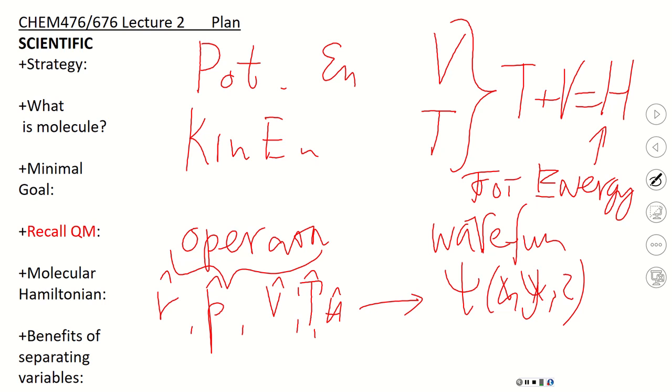If we are able to formulate the Hamiltonian operator in the right way, I'm not showing explicitly how, but if we are able to write a differential operator for the Hamiltonian, then we can write an equation where the Hamiltonian operator acts on the wave function, and then it generates the wave function again with some energy.